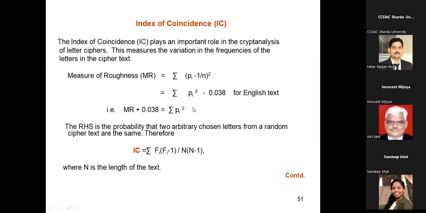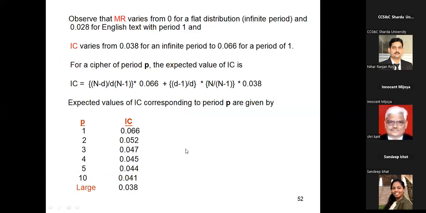If the measure of roughness is quite high, it means it is a polyalphabetic test, and it is difficult to recognize, and this is the formula for getting that. This measure of roughness and IC, index of coincidences, will be very easily computed with the help of this statistics. This is the computation of IC, index of coincidences.